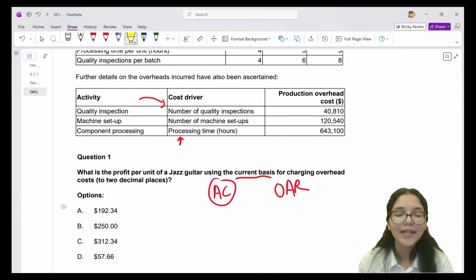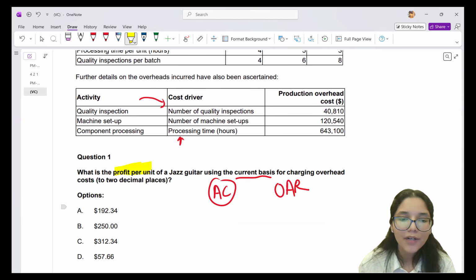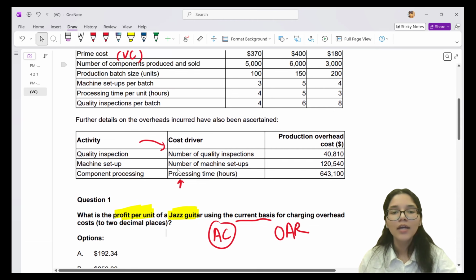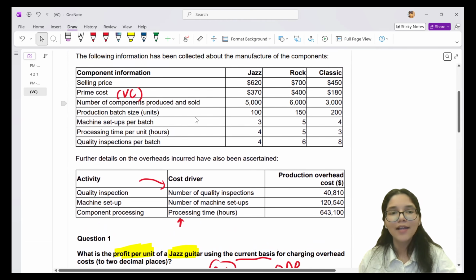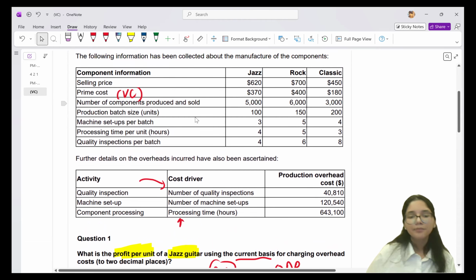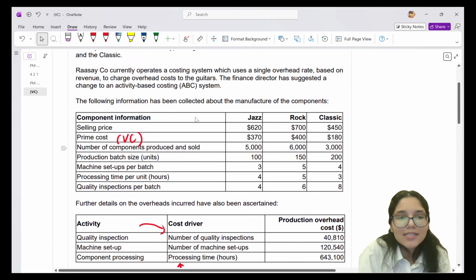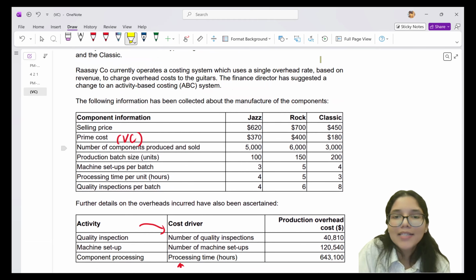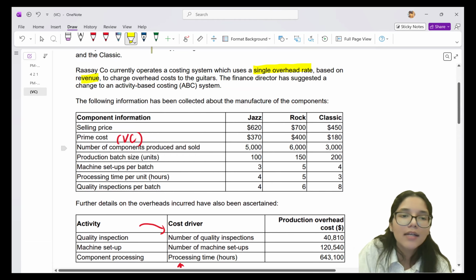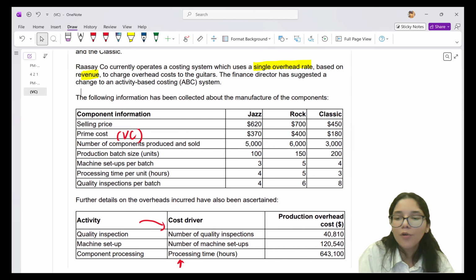You have to find out the profit per unit of a jazz guitar. I am showing you the available information. As for the current system, you can see how they are charging the overheads currently. Single overhead rate is calculated based on the revenue. So try and solve it on your own first. Take 2 minutes and then we are going to discuss this together.